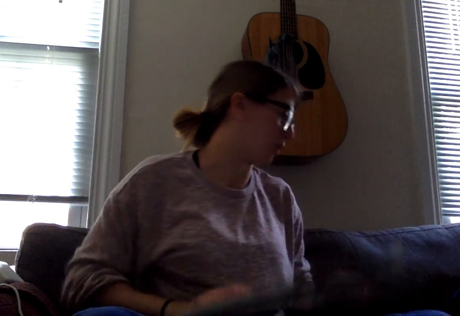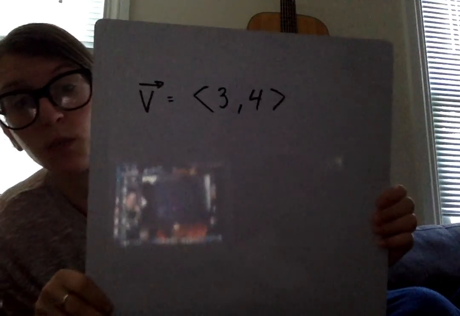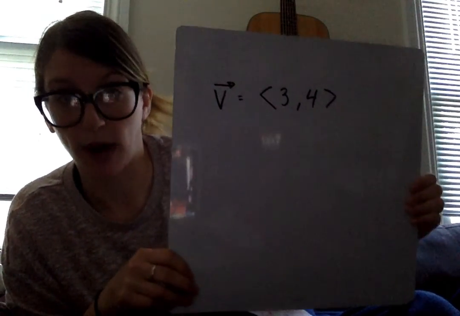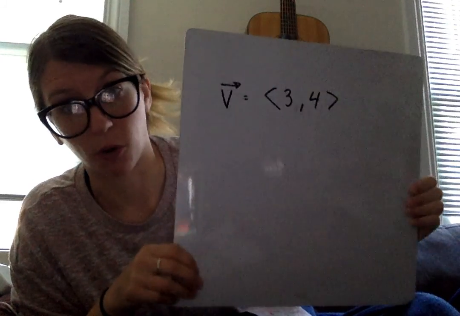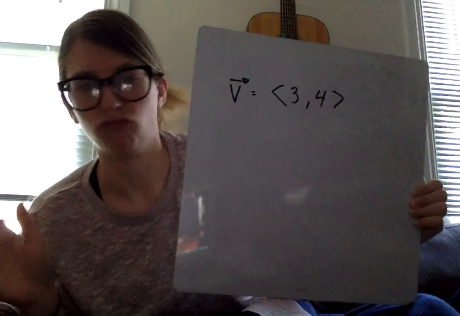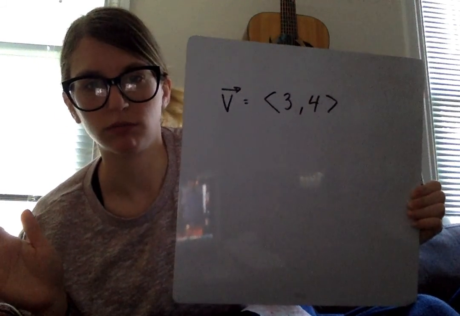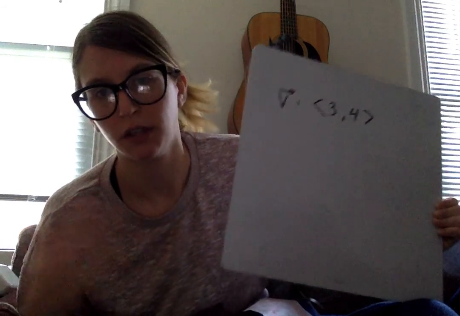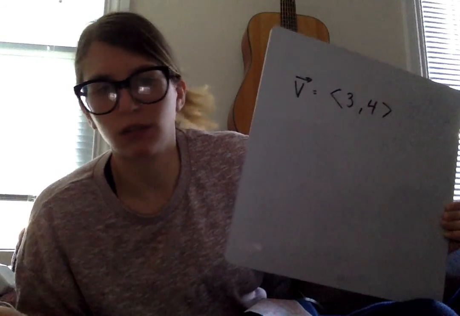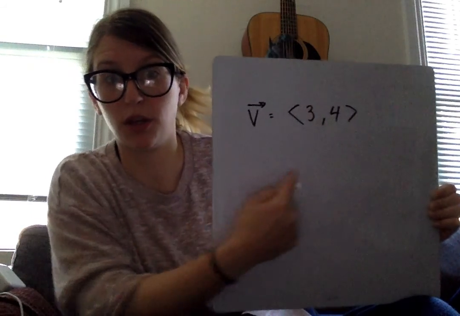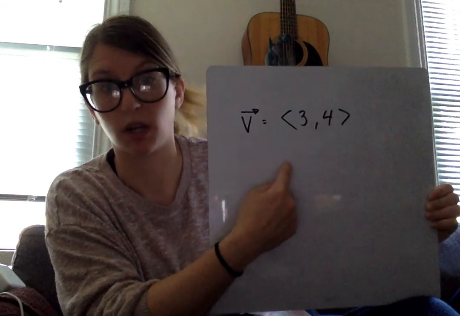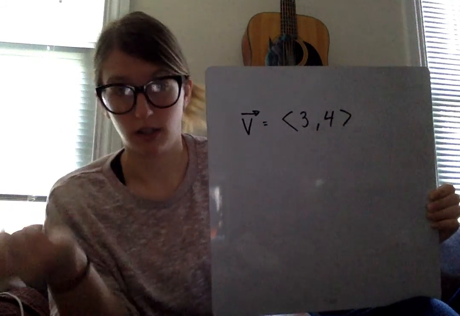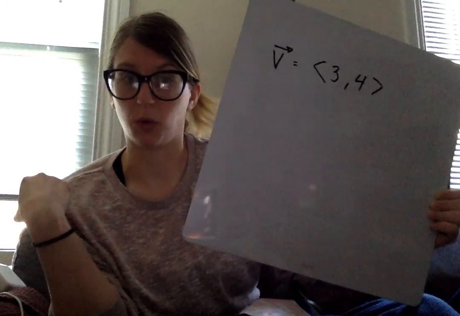These are called angle brackets, and this is what I'm going to be using, because the angle brackets tell us that it's in standard form. Standard form just means it starts at the origin. You can have a vector that starts at (1, -7), and cool, but all the vectors we're dealing with are starting from standard form. So if you see the angle brackets, that just means it's starting at the origin.